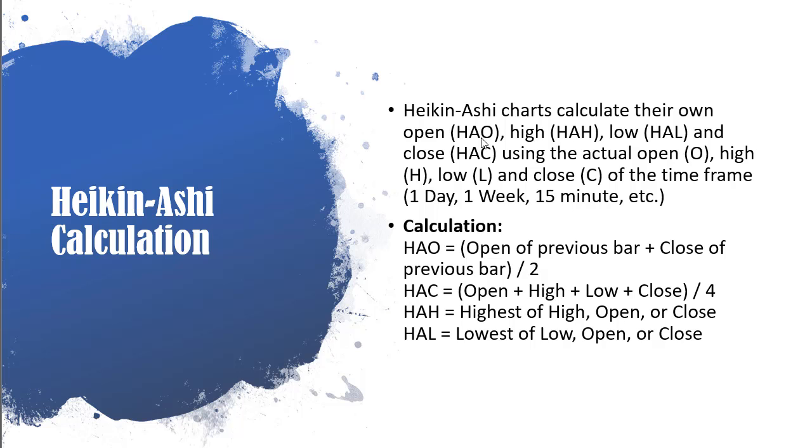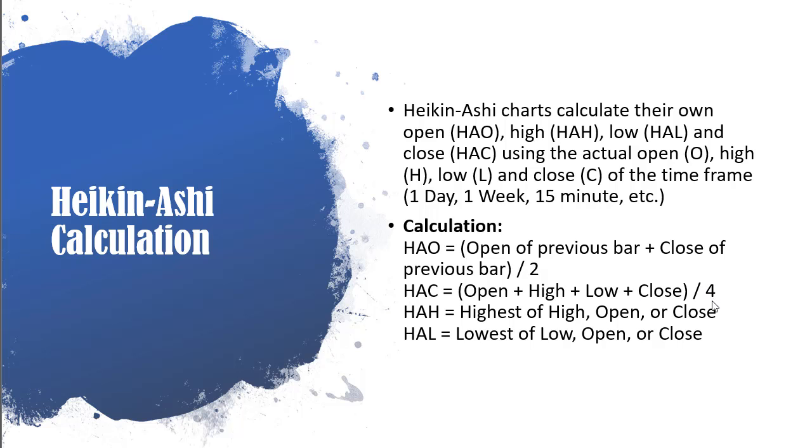The HA that I have is Heikin Ashi open, Heikin Ashi high, Heikin Ashi low, Heikin Ashi close. So you can see the Heikin Ashi open is the open of the previous bar plus the close of the previous bar divided by 2. That's how they calculate the Heikin Ashi open. The Heikin Ashi close is the open plus the high, the low, the close divided by 4.